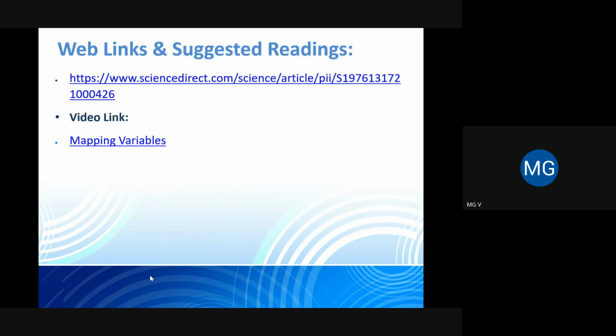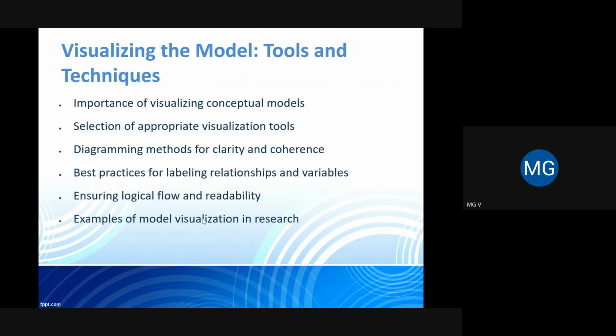So, visualizing the model: tools and techniques. Visualizing a conceptual model is critical for conveying complex relationships clearly. The first step is selecting appropriate tools such as ModDraw, Visio, or Amos, which allow for structural equation modeling.